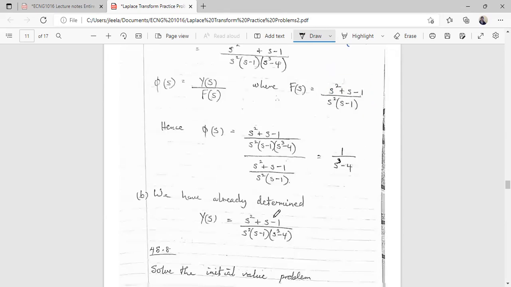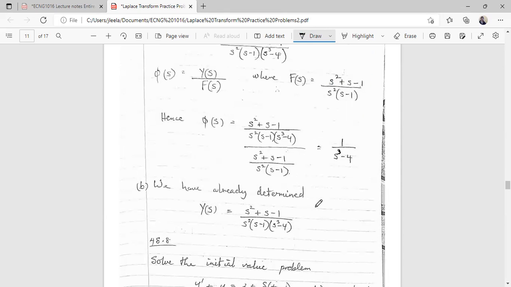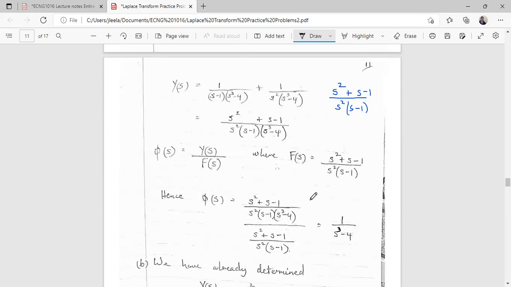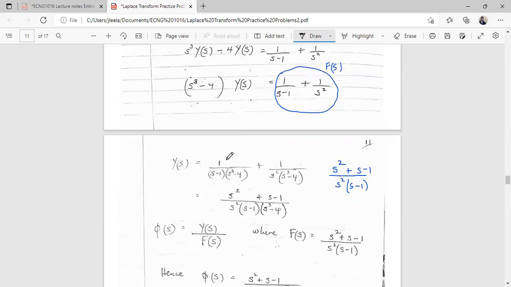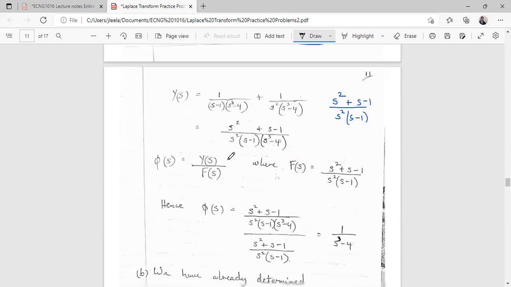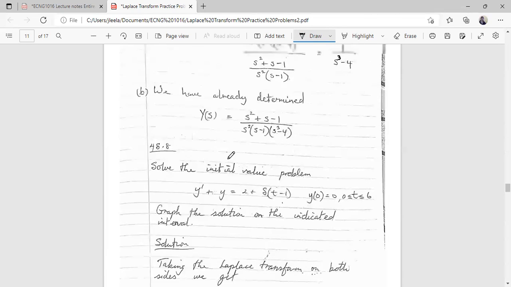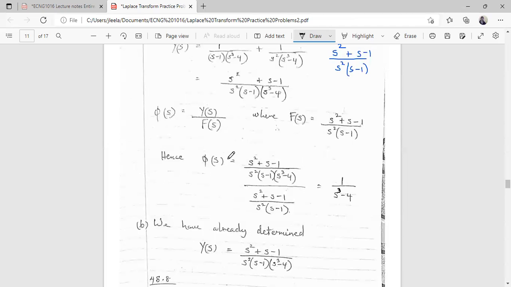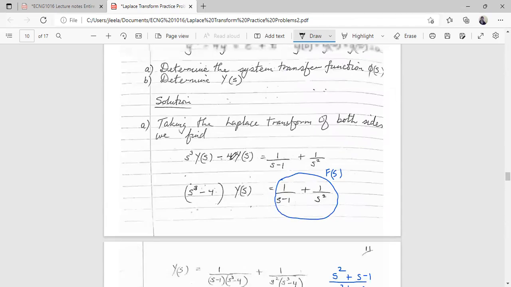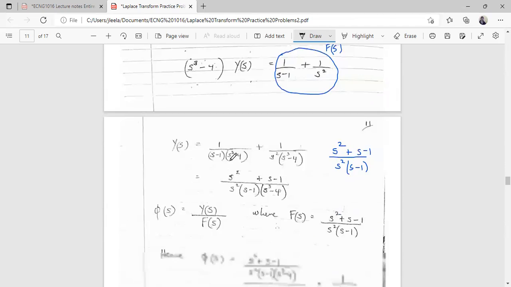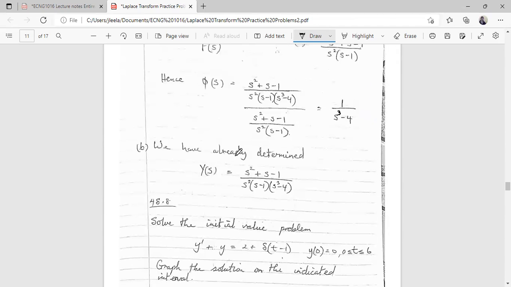right? And then they wanted us to find Y(s), right? But we already did that already, right? So that was already found from part A. Right.